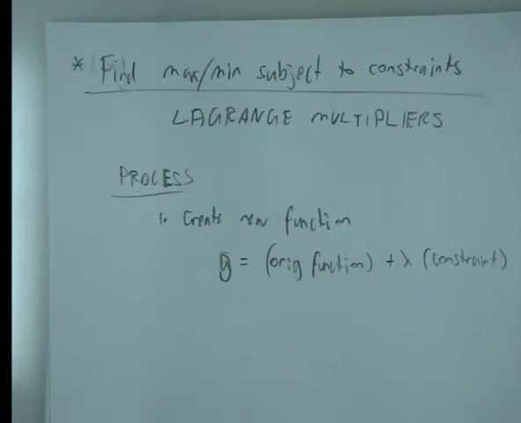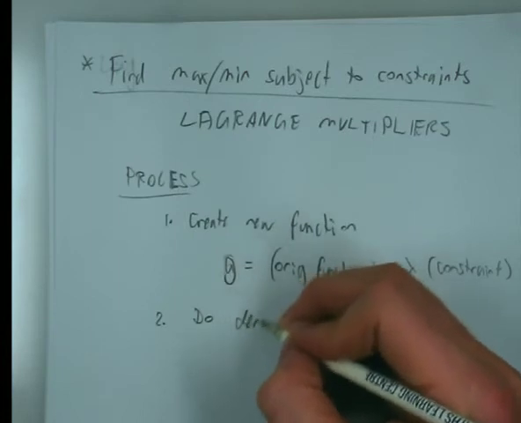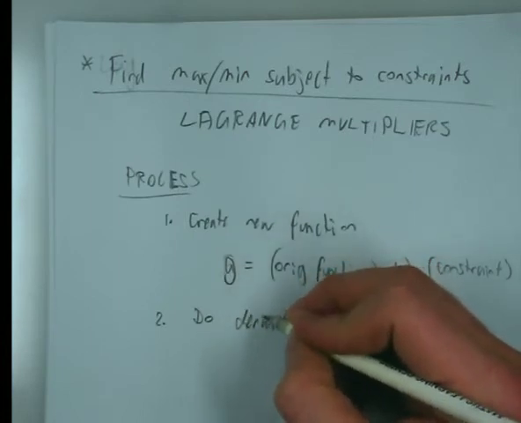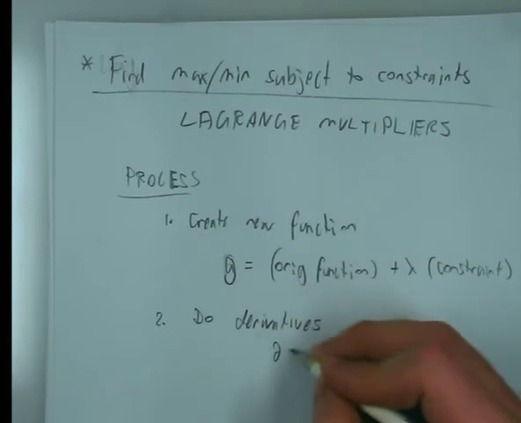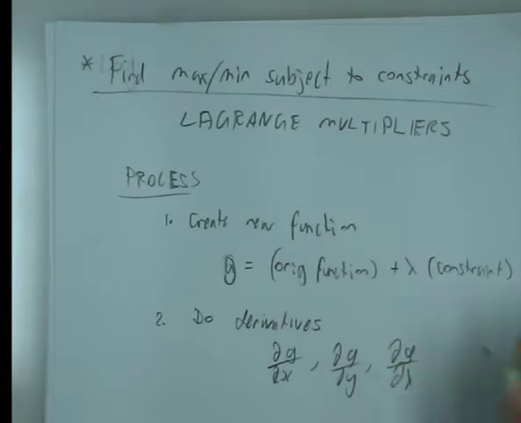Anyway, we create this new function, and we're going to treat this as a brand new function. It's got 3 variables now. We're going to do the exact same thing that we always do, which is set all the derivatives equal to 0 and solve them simultaneously. We're not going to do saddle points this time because we don't care. We're just going to run with it. So we create a new function, do the derivatives, dg on dx, dg on dy, dg on d lambda, because we've got an extra variable.